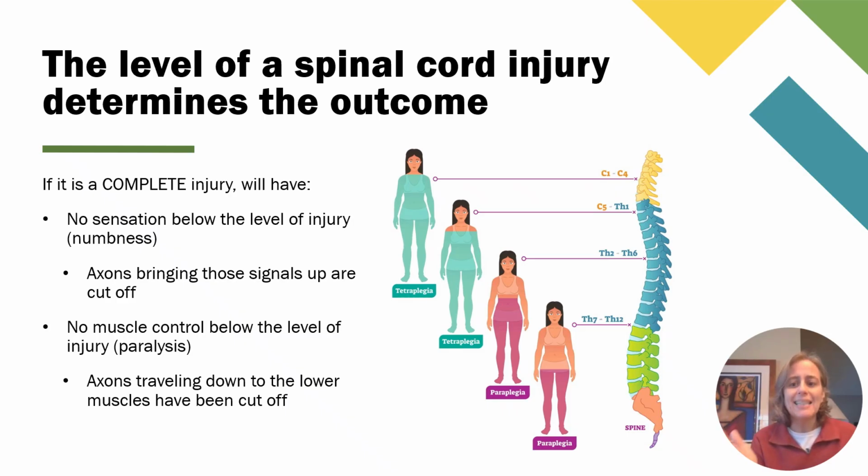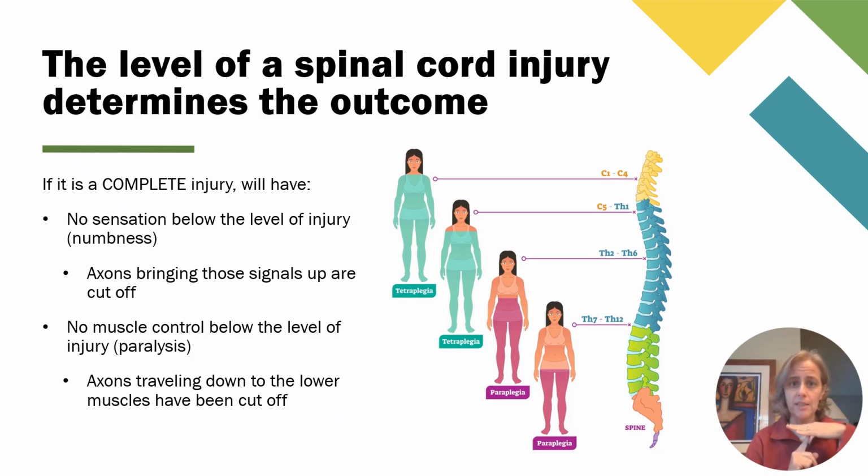So what this means is if you get an injury at a certain level of the spinal cord, you have cut off, so they're showing you here, if you have a high cervical lesion, you have cut off the ability of axons from underneath to come up to the brain, so you can be consciously aware of those sensations.